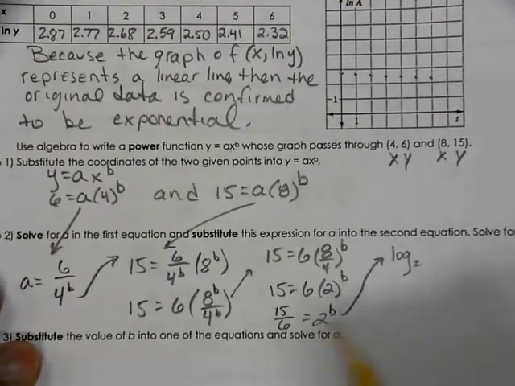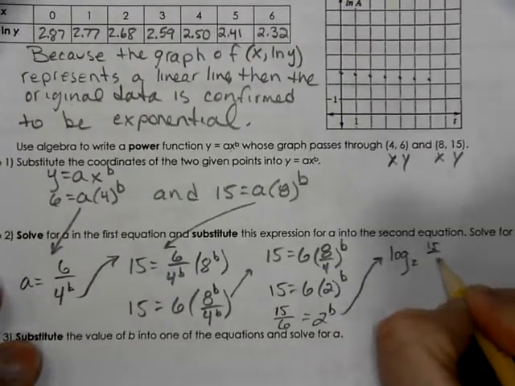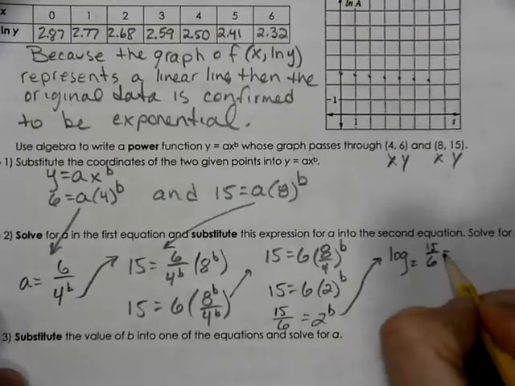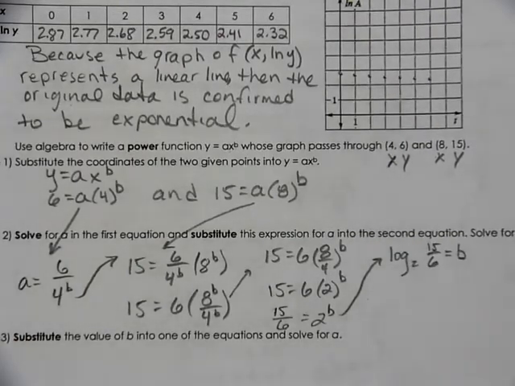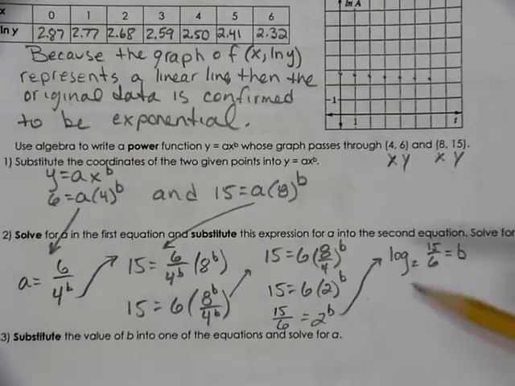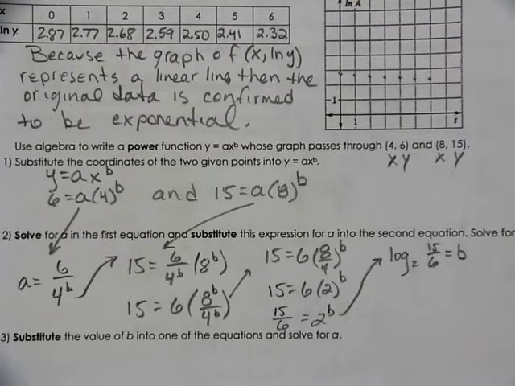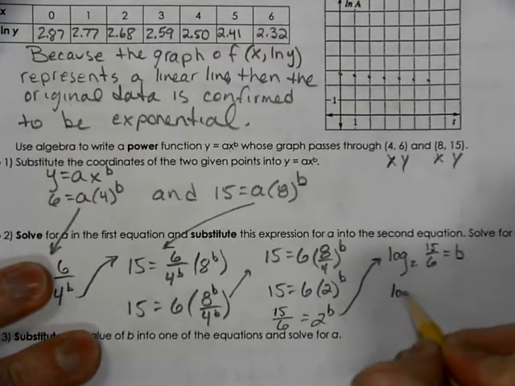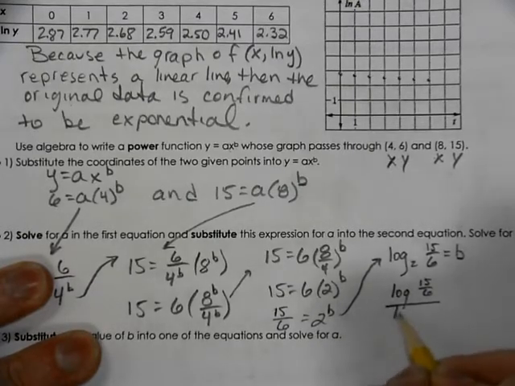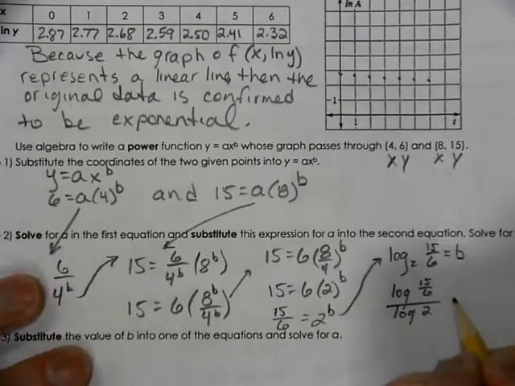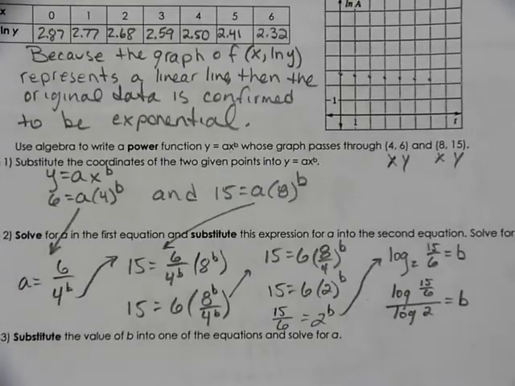So the base is 2 of 15/6, and that's going to equal the exponent. Well, now I have a logarithm. I have the b by itself. Now I have to figure out what that b actually equals. So log of 15/6 divided by log of 2 is going to equal the b value.